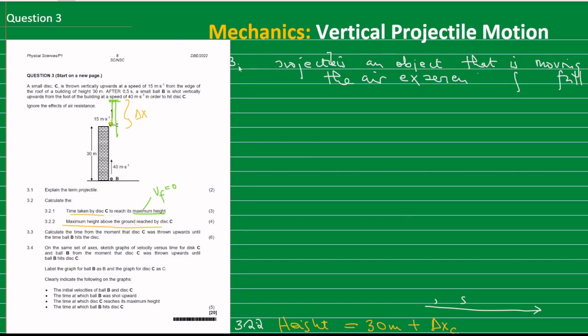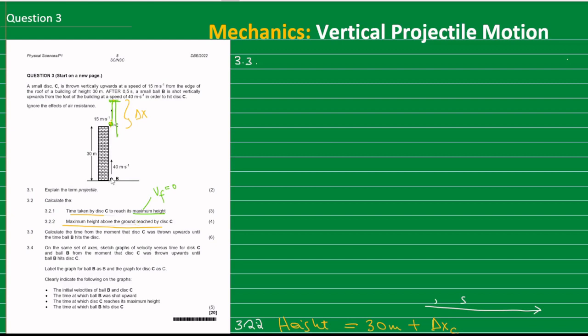Right, so 3.3 is asking us to calculate the time from the moment that disk C was thrown upwards until the time ball B hits the disk.